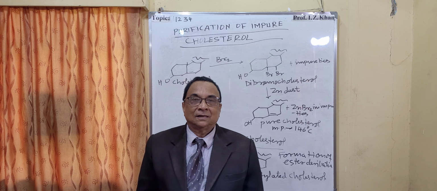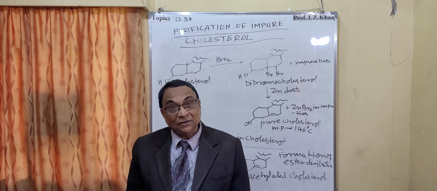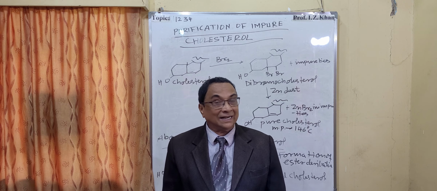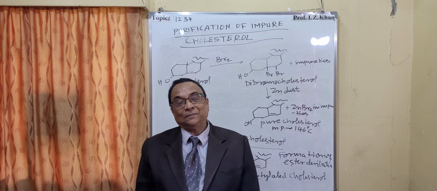The first reaction, which I have already discussed, is Jones oxidation. You will get the keto derivative of cholesterol, and that clearly indicates that the hydroxy group, meaning the alcoholic group, in cholesterol is acid stable, because only compounds which are acid stable can undergo Jones oxidation.